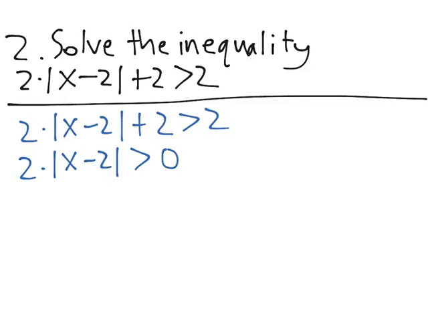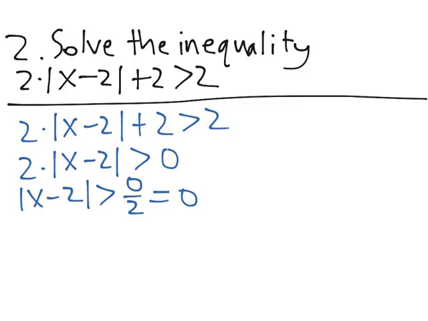Now dividing both sides by 2, we find that the absolute value of x minus 2 is greater than 0 over 2, which just equals 0. Now that we've isolated the absolute value, we can use the rule for splitting this into a compound inequality.